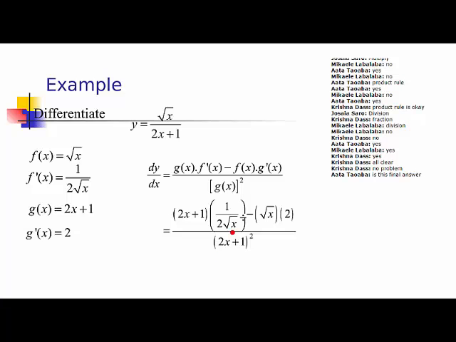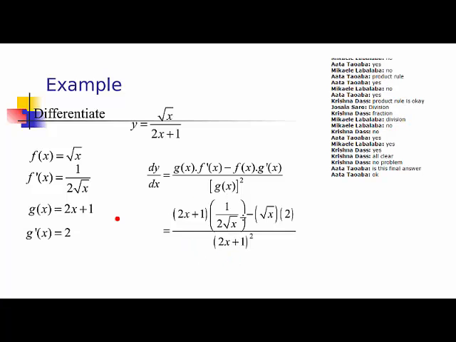Yes, that's the final answer for solving this if we have to find the differential. If you want, you can further simplify this, but if you just apply the rule or the formula over here, that's fine. You will get your deserved marks. They won't deduct any marks from here. Is it okay?